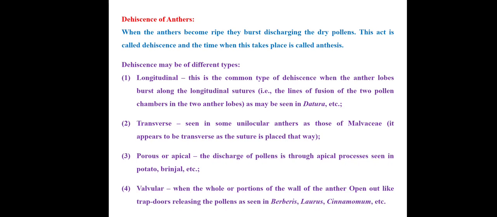And lastly, the fourth one is valvular, when the whole or a portion of the wall of the anther opens out like trapdoors, releasing the pollen, as in berberis, laurus and cinnamomum.